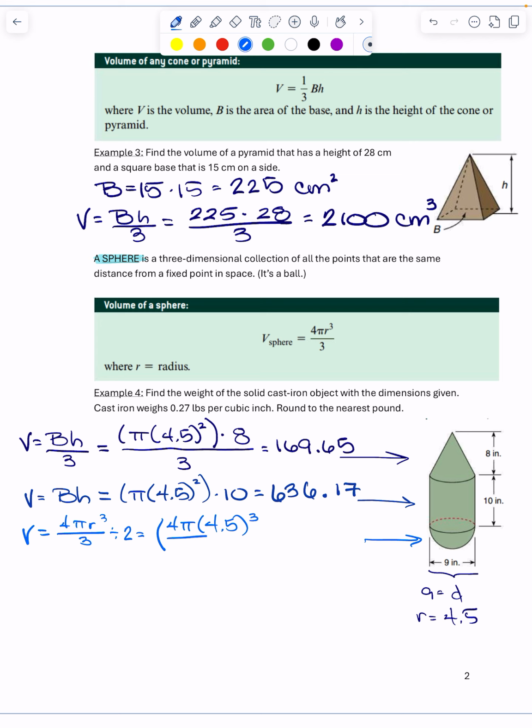I'm going to cube that, all divided by 3. I only want half of that. I get the volume of that sphere, if I were getting the whole thing, as 381.7. So when we divide that by 2, I got 190.85.